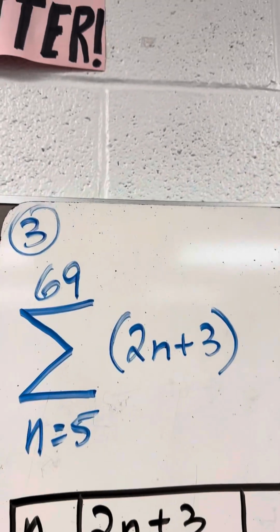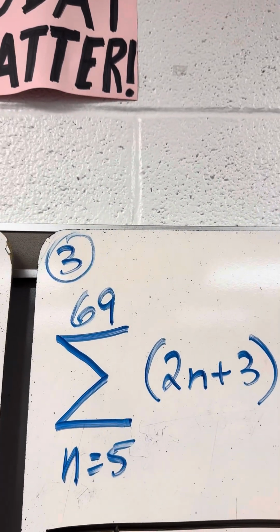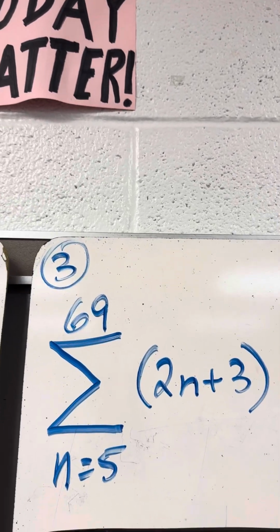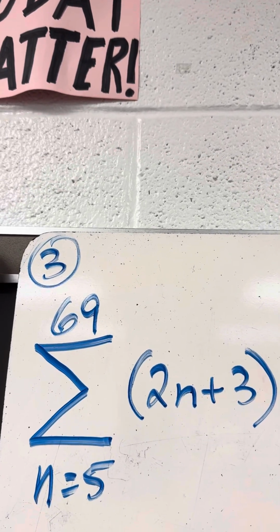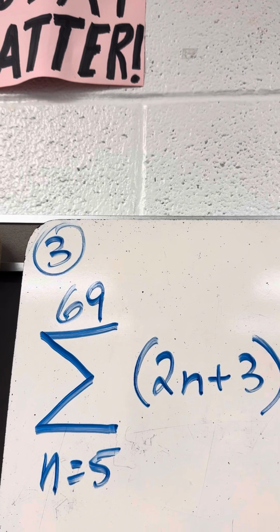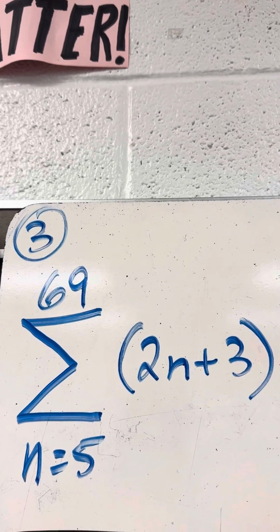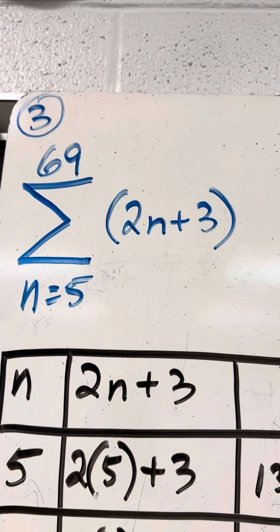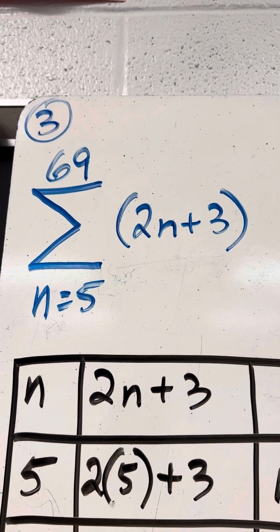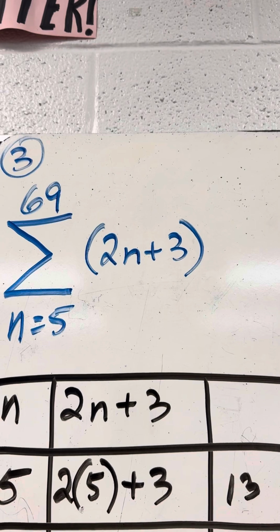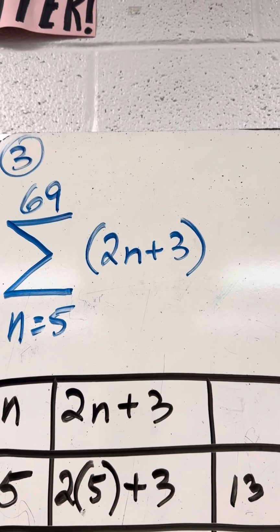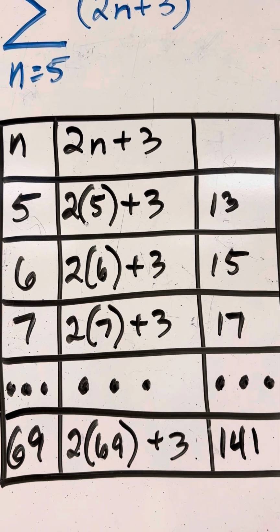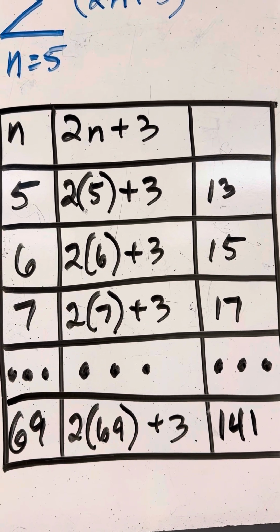Here, look at this. We go sigma n equals 5 through 69. All right. Be careful because the first number is 5. So the first A1 is going to be 2 times 5 plus 3, which is 13. Right? And the last one will be 2 times 69 plus 3, which is 141.